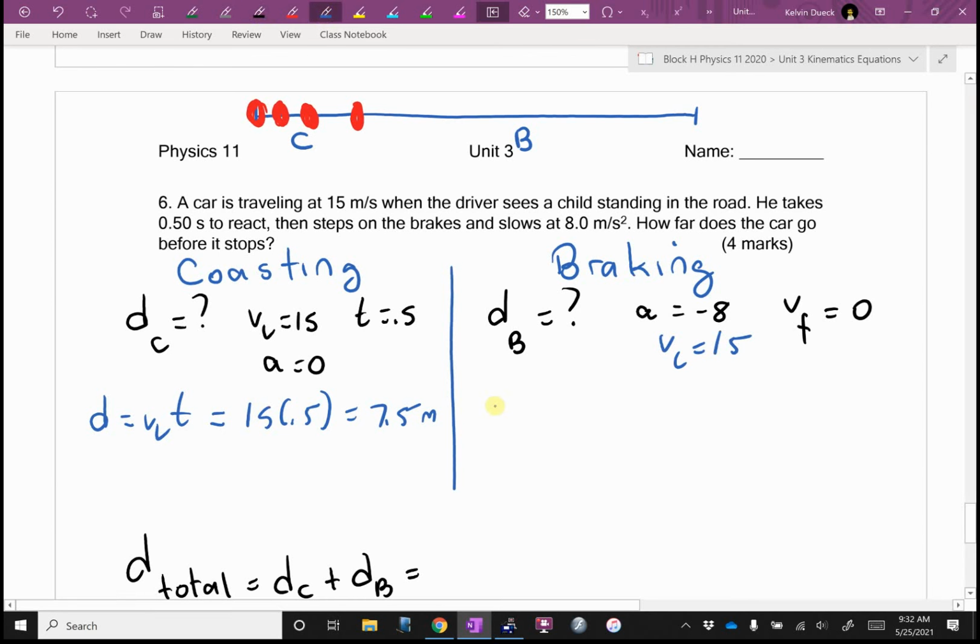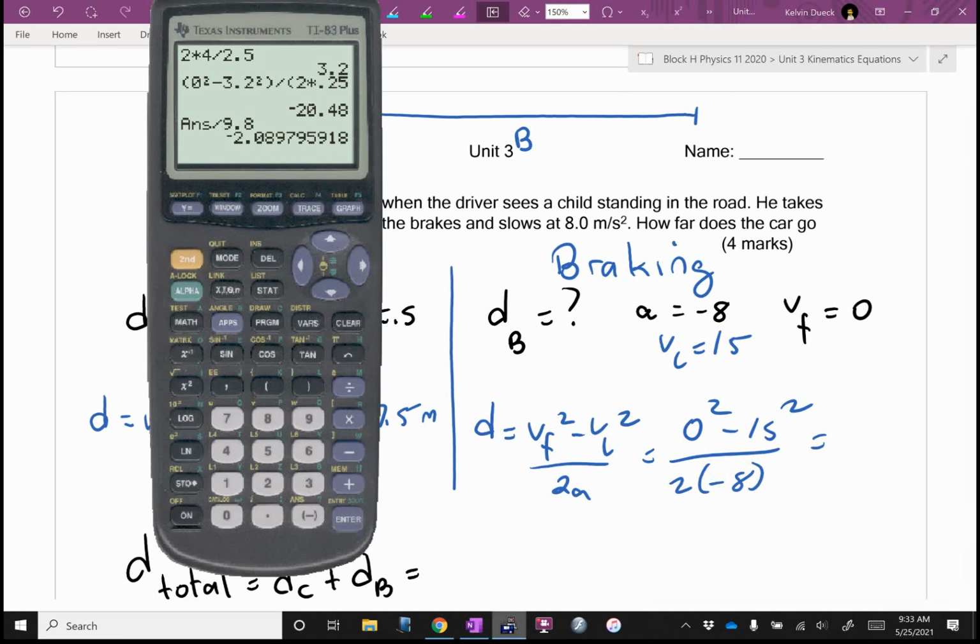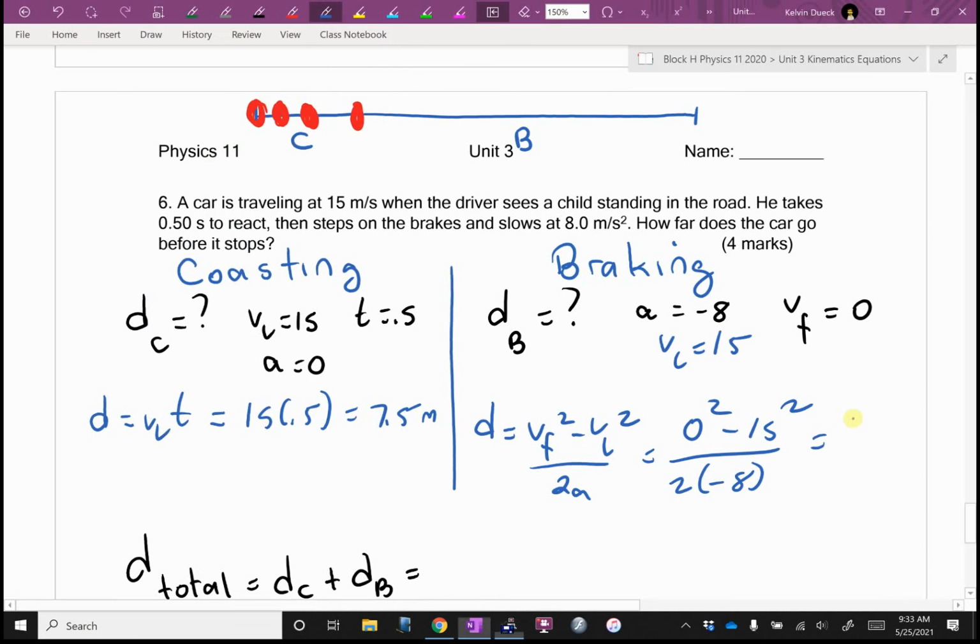It's going to be D equals VF squared minus VI squared all over 2A. It's going to be 0 squared minus 15 squared all over 2 times negative 8. I get 14.0625.